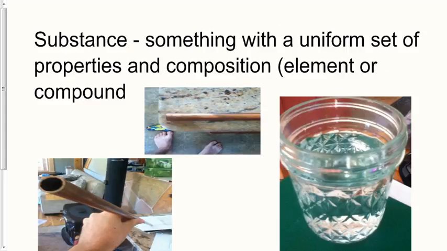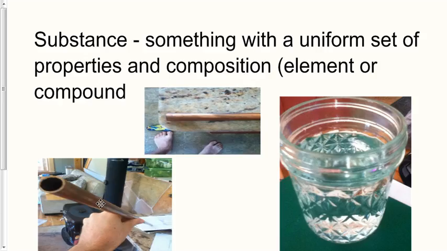Now, a substance is something with a uniform set of properties and composition, and it's either an element or a compound. Now, not everything in the picture or pictures is an element or compound, but the copper is considered an element, the copper pipe here and here, and the water in the glass is also a substance.